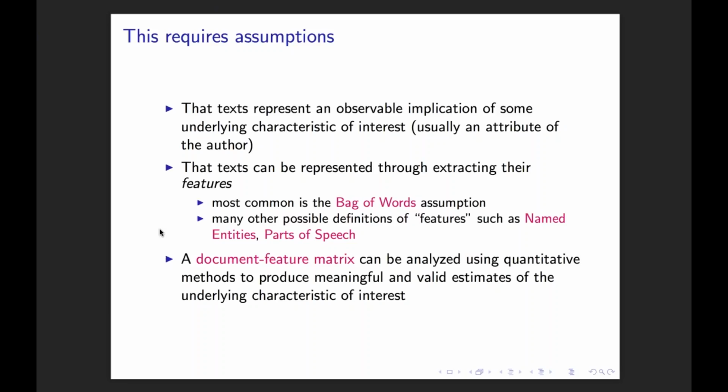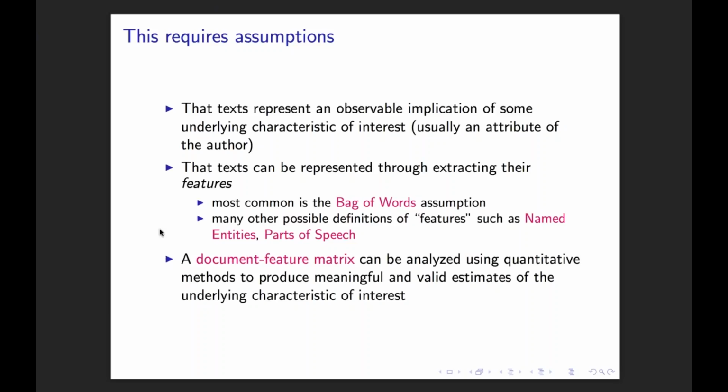So there's some sort of underlying latent dimension that we're interested in, and we think that the text itself, the linguistic features that are written down or spoken out loud, gives us some sort of observation on that underlying latent characteristic. We also think that that text can be represented in a valid way through extracting features.